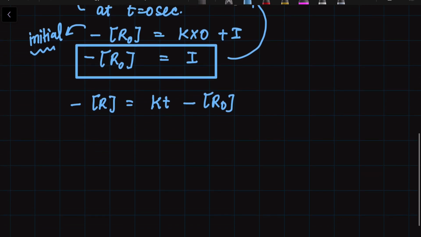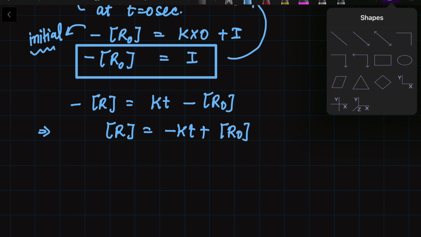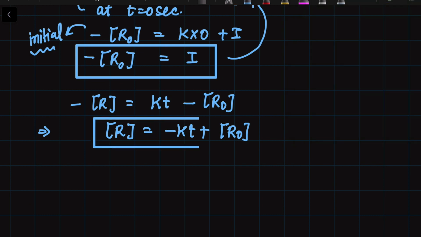I am just going to multiply by the negative sign on the left hand side as well as the right hand side. So it becomes R is equal to minus KT plus concentration of R naught. Clear? This is the expression for a zero order reaction, which is very important for examination.